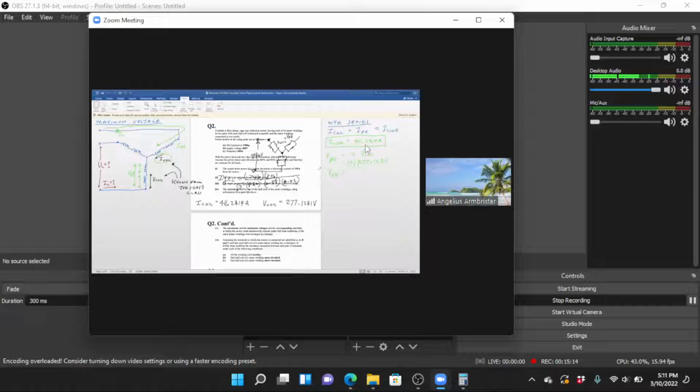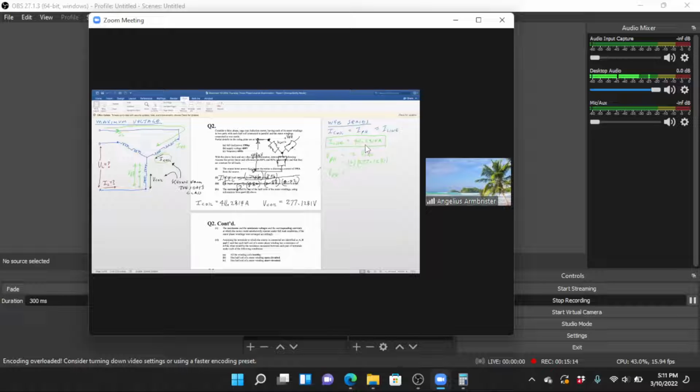So V line, which is the maximum supply line voltage, would be that times √3, which is 959.9999 volts.